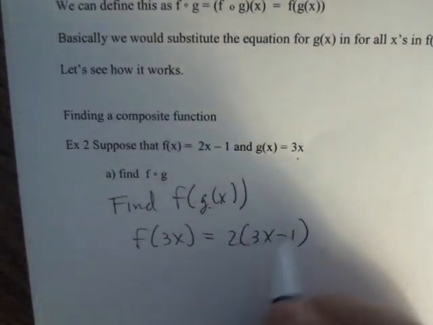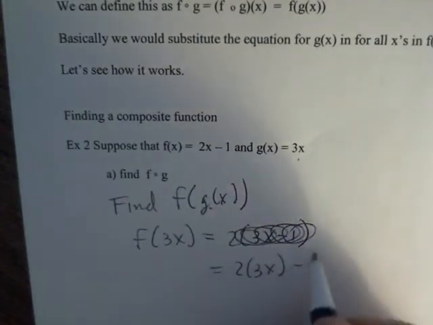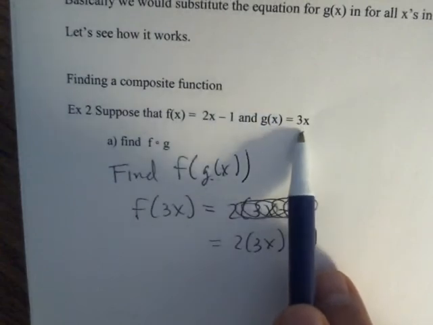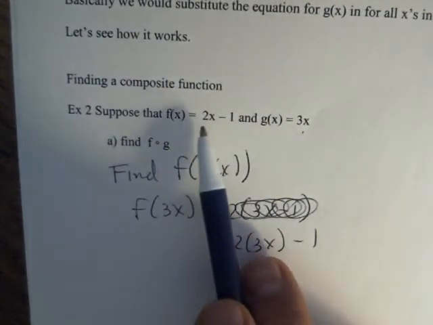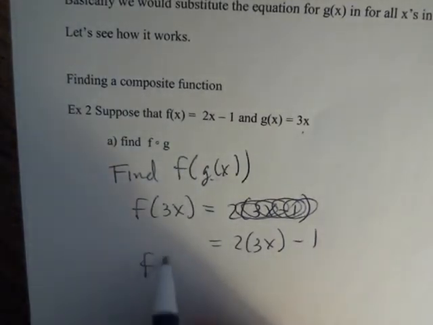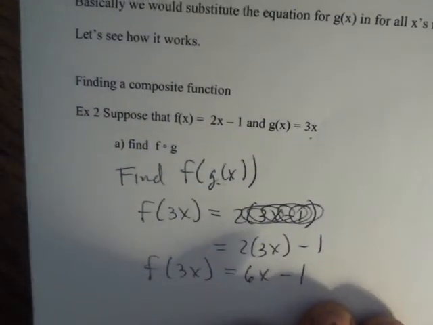So I should write my parentheses correctly. Sorry about that. So again, I am substituting 3x in for this x right here. And then I simplify. So f of 3x is 6x minus 1. And that's as far as you go.